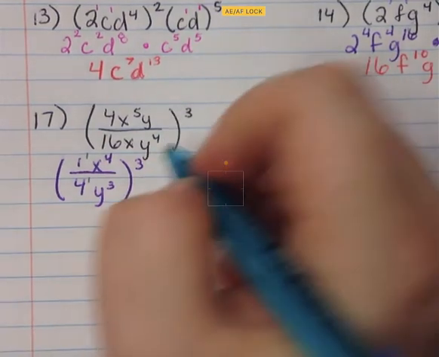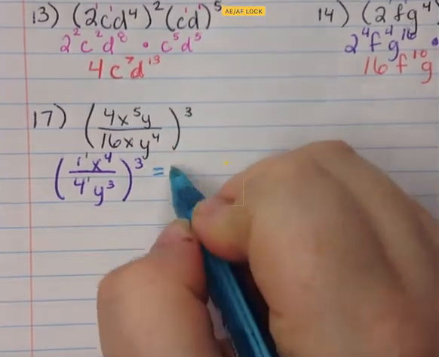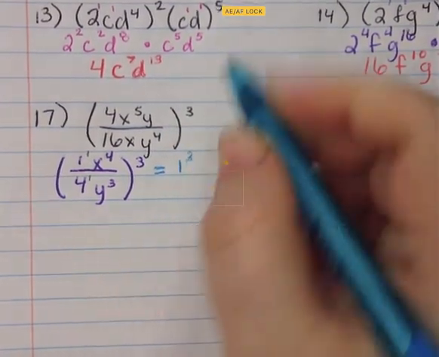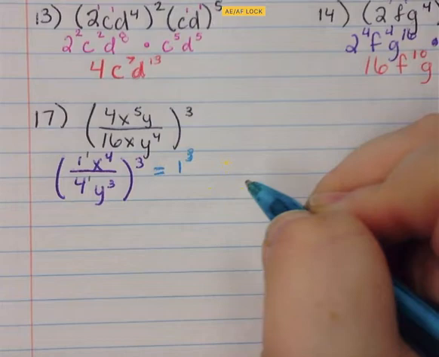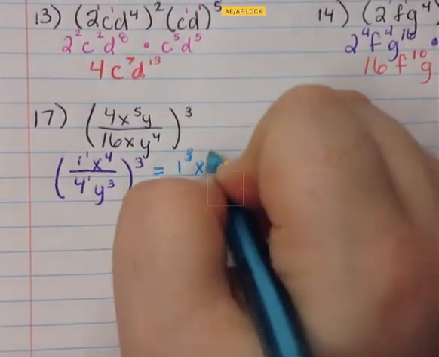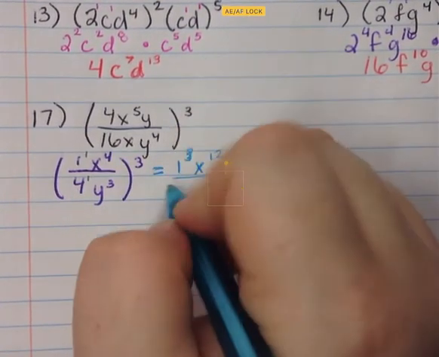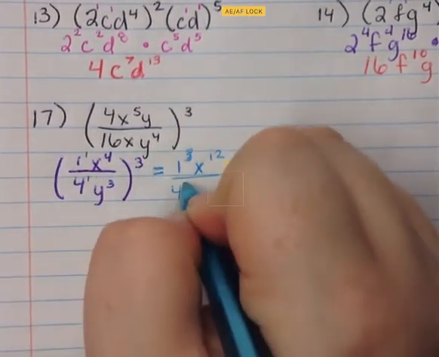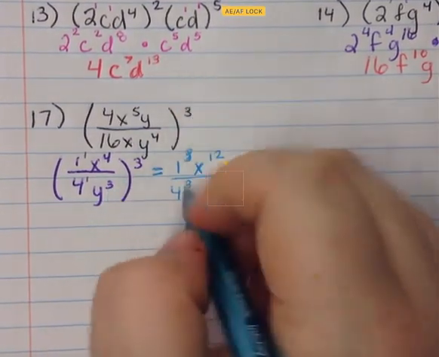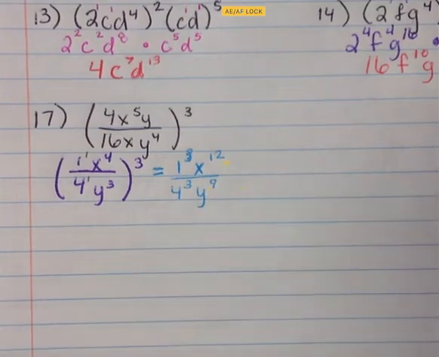So when we distribute this, when we take this exponent of 3, it becomes 1 raised to the third power. Then we have x raised to the, we multiply 4 times 3 is 12. Divided by, we do the bottom, so it becomes 4 is your base, raised to the 1 times 3 is 3. And then we have a base of y, and we do 3 times 3 is 9, raised to the 9th power.